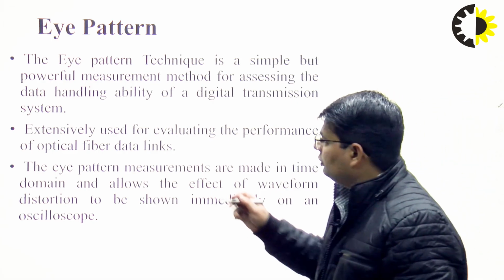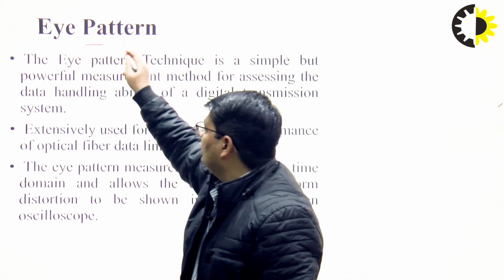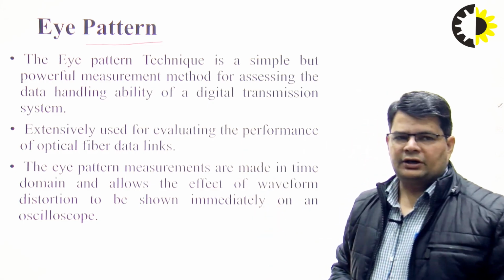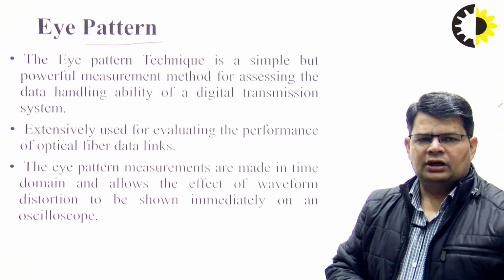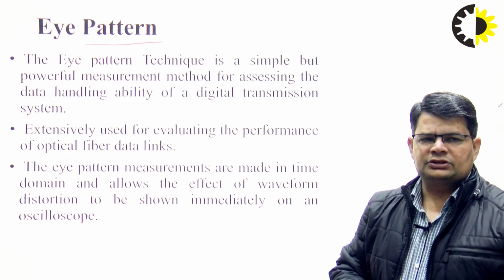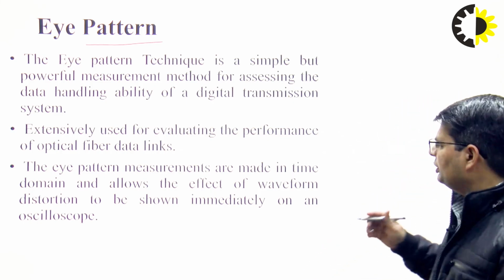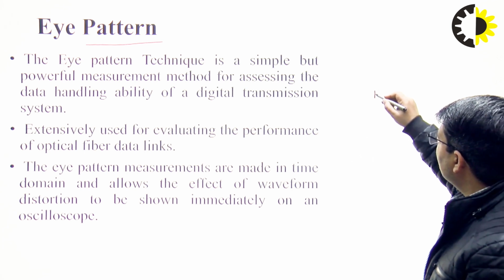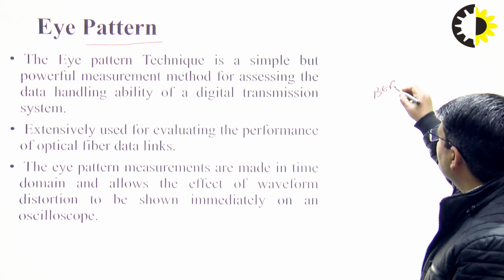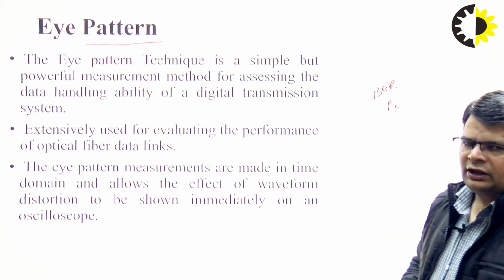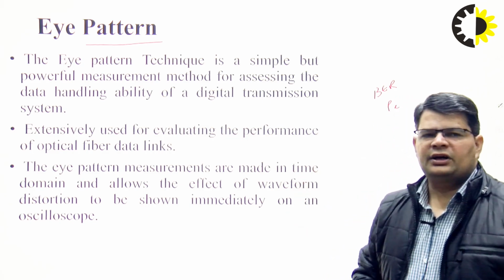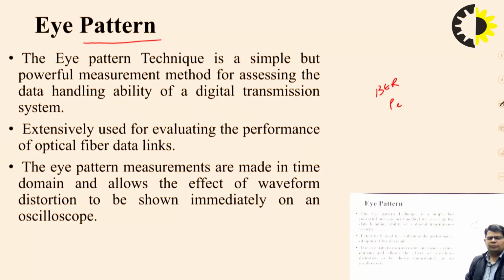So first of all, what is an eye diagram or eye pattern? Basically, in any communication system, we need to analyze its performance. Generally, the performance of a communication system may be analyzed, for example, in terms of bit error rate, or in terms of probability of error. Like this, we can use any parameter for the analysis of the performance of a communication system.